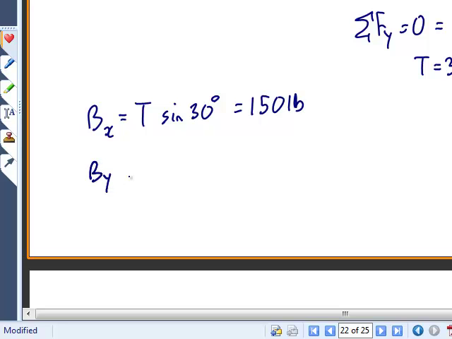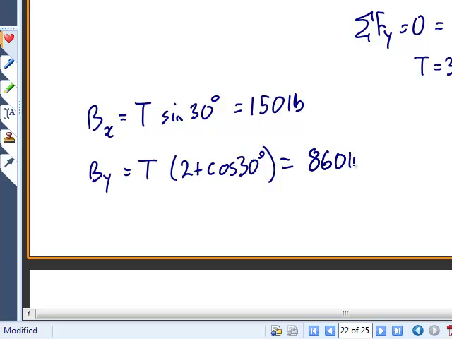And By, which is going to be equal to T times 2 plus cos 30 degrees, 860 pounds.